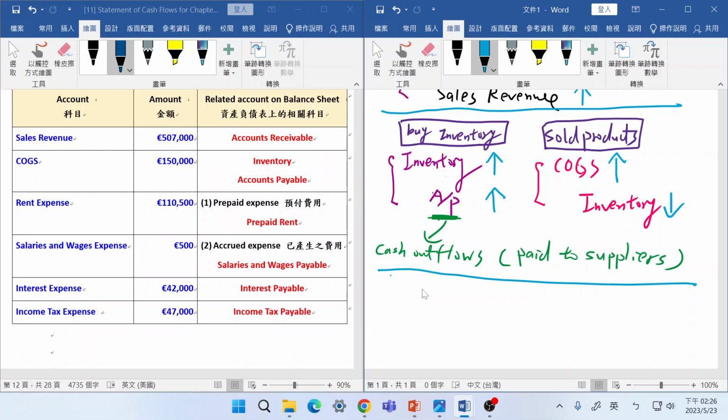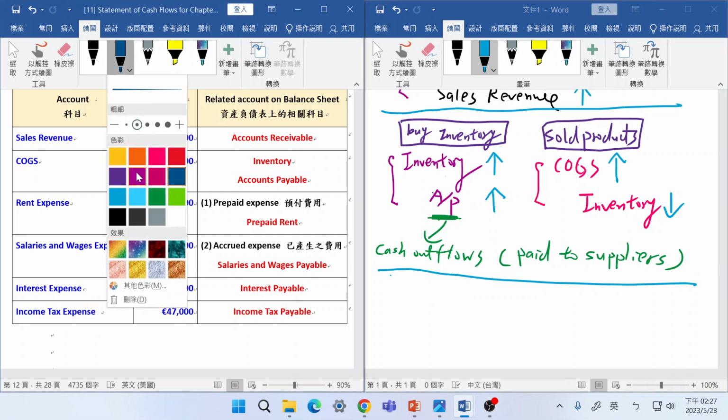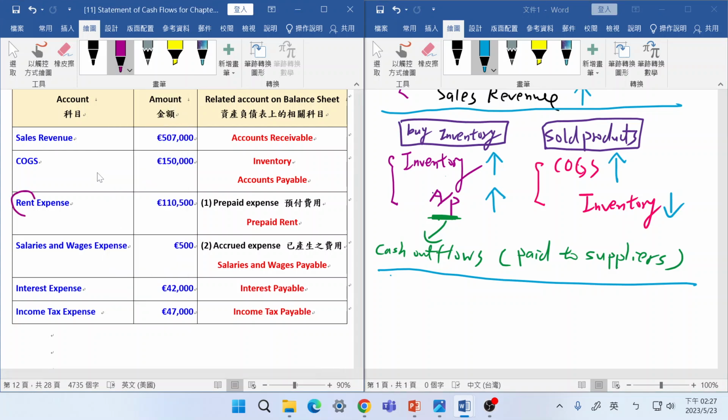Any questions? So for the rent expense, the third one, you should go to the balance sheet. What's the keyword? Rent. So you should go to the balance sheet to find out which account is also related to rent, right? So go to your page 10 and 11.